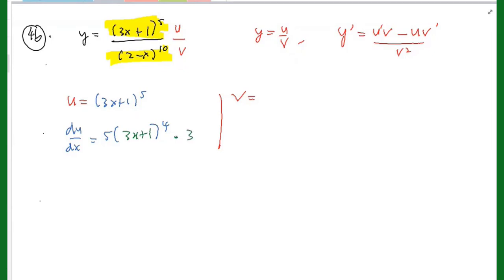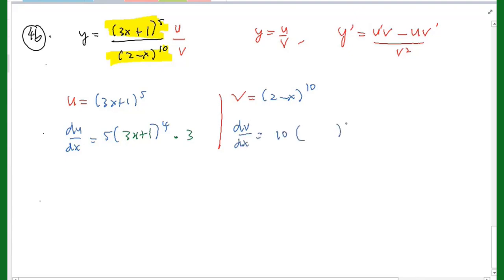And for this one, v is (2 minus x) to the power 10, and differentiating v with respect to x gives 10, and the power reduces by 1 to 9. (2 minus x), then differentiate 2 minus x, which is negative 1. Better we simplify before proceeding, so negative 10 times (2 minus x) to the power 9.